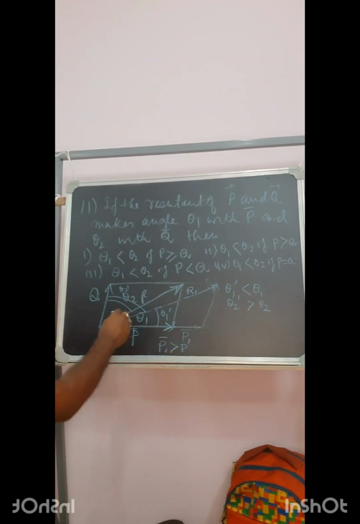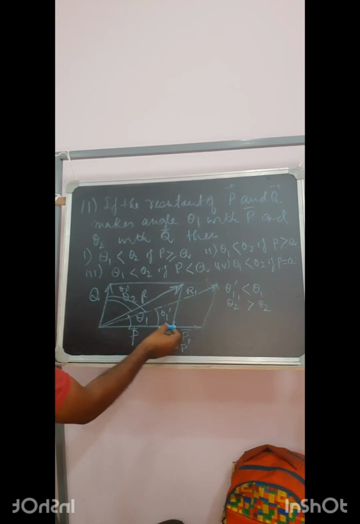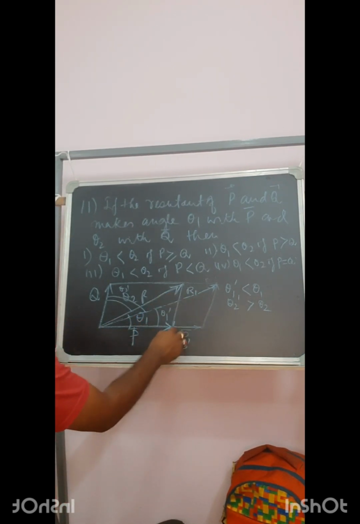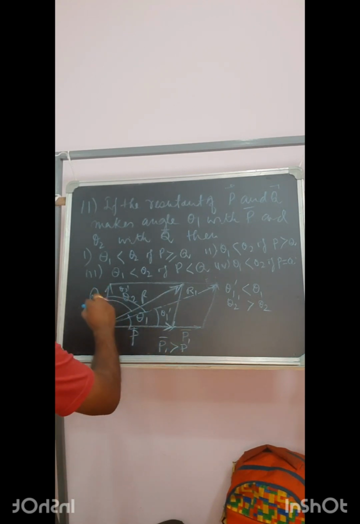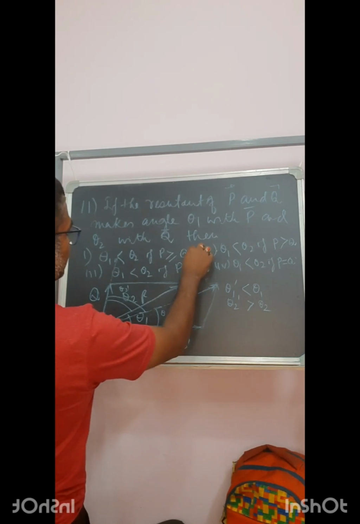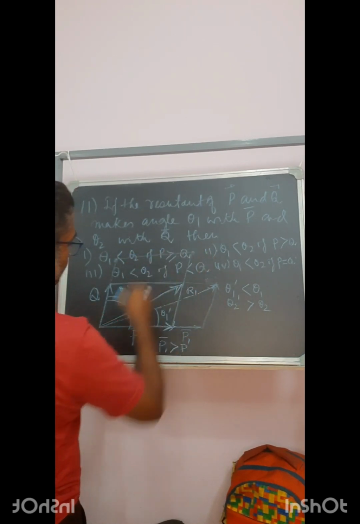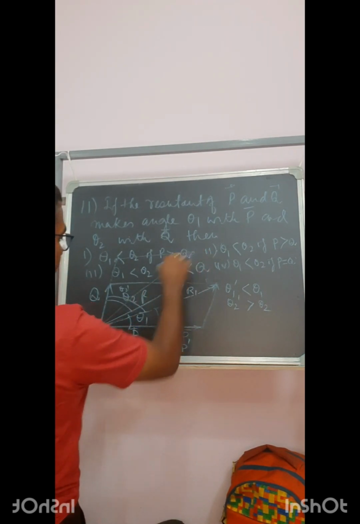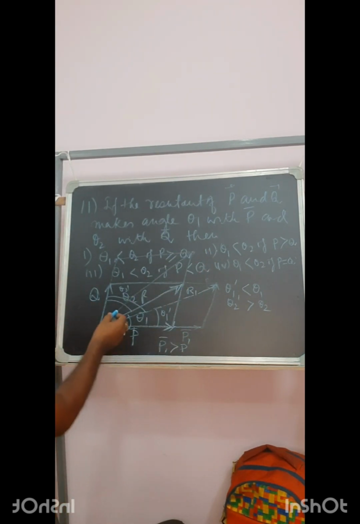Okay, so you can say when the horizontal vector is increasing, the resultant is coming closer to the horizontal vector. On the other hand, if I increase this one, the new position of this vector will be here. So here theta 1 will increase and theta 2 will reduce, because earlier it is this much, now it is this much.